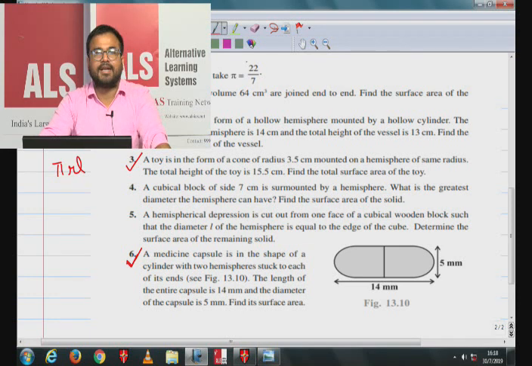Then you can try question number 5. Till then the other students are doing that one. You can try question number 5, CC4, till then.